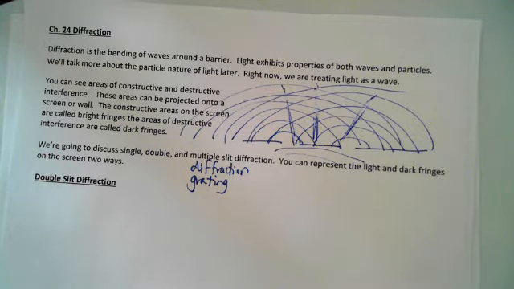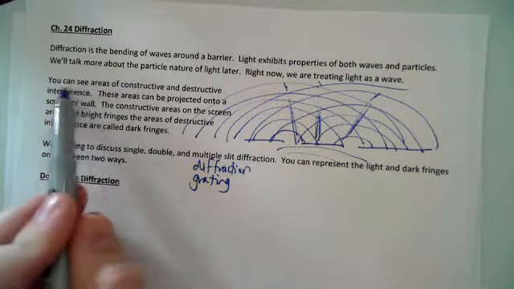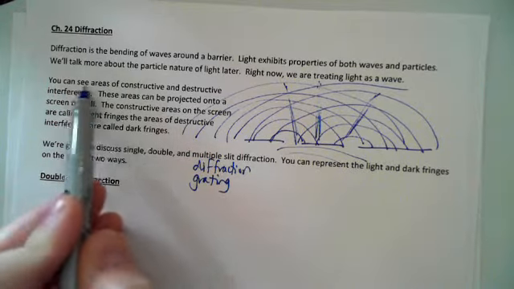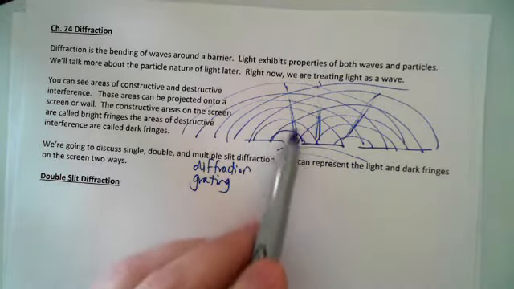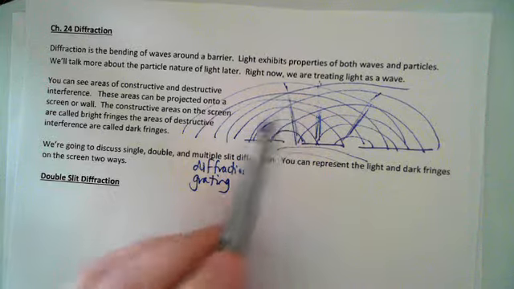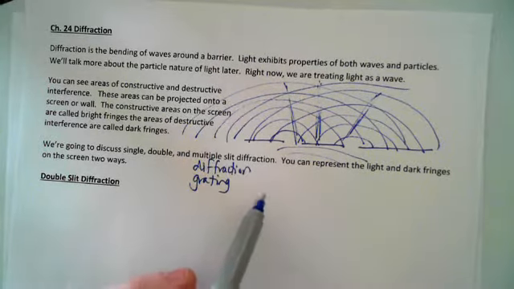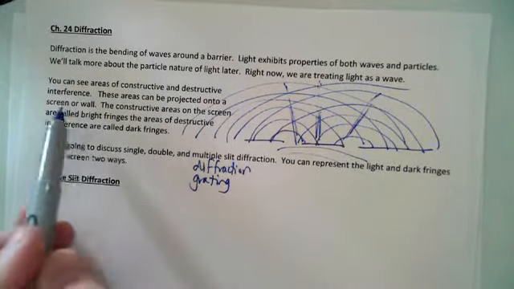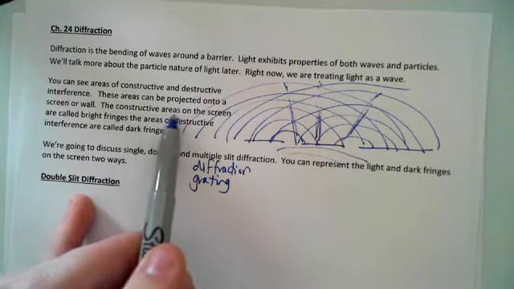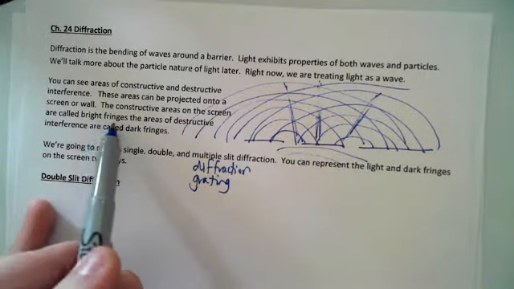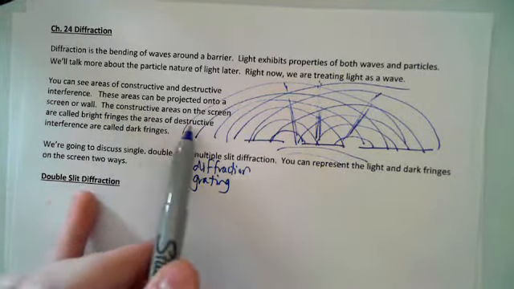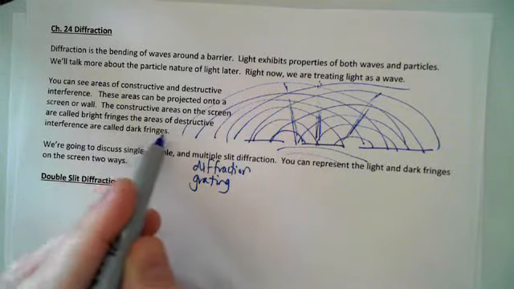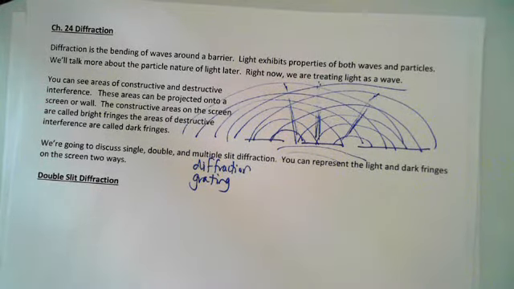Also, you can see, and let me go back to this part, that the areas of constructive and destructive interference, this would be constructive, these would be destructive. And these areas are projected onto a screen or wall. The constructive areas on the screen are called bright fringes, and the areas of destructive are called dark fringes. Areas where it's darker.